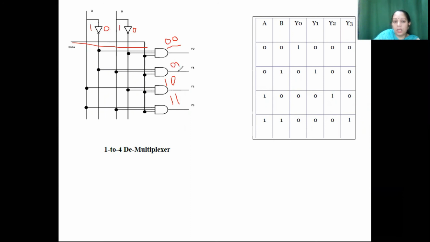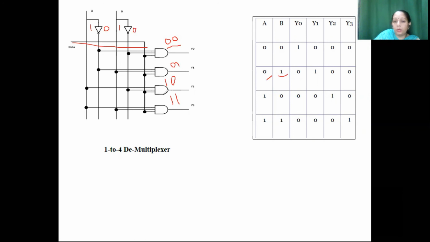Next, move on to the second AND gate having inputs 0 and 1. 1 is for B and 0 is for A. You can use B equal to 1, so you can join this line to Y1, and next is 0, that is A equal to 0. You can use this inverter to join this to Y1.